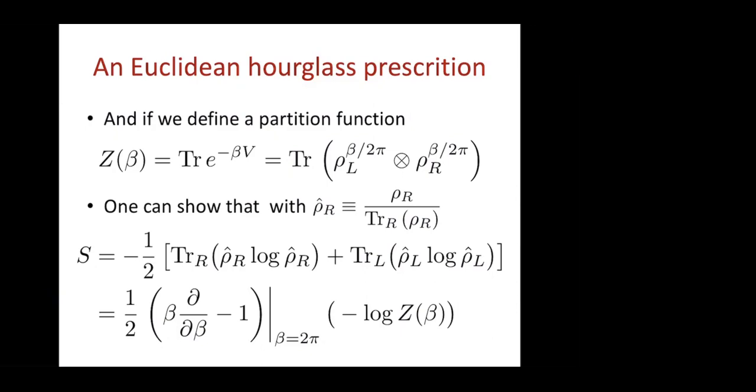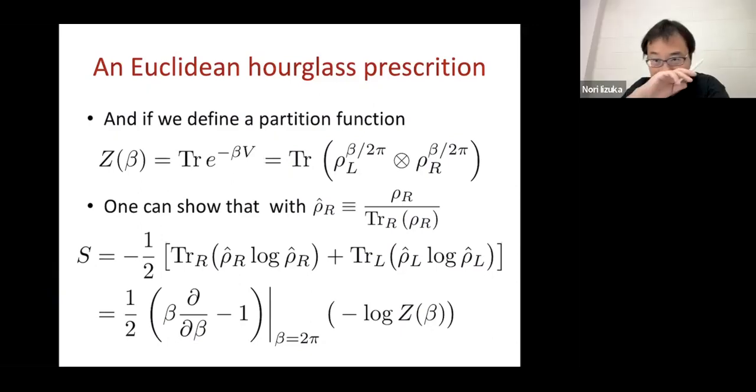So, Nori, you haven't yet told us the a priori expectation why this quantity should match with the distillable part, right? At this moment, no. But there's a hidden motivation because this is a physical quantity, right?